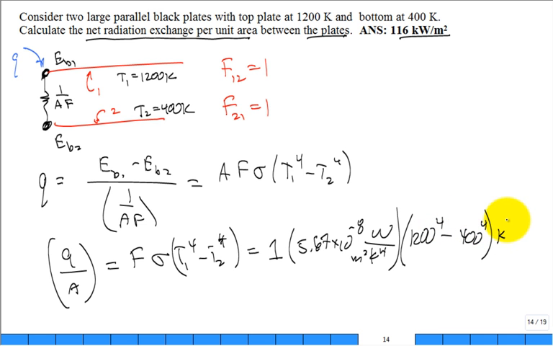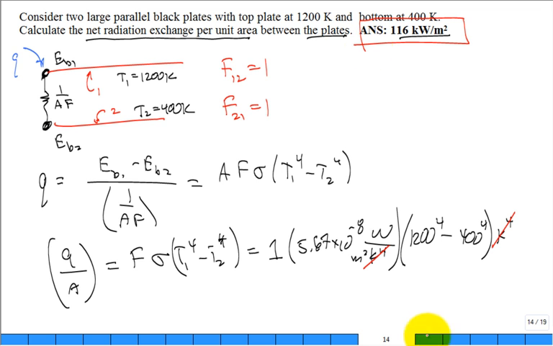I like to put my Kelvin to the fourth outside until I explicitly cancel my units. And then I calculate that this is the answer. Makes sense? Maybe that was a little easy, but it's setting us up for a slightly harder problem.